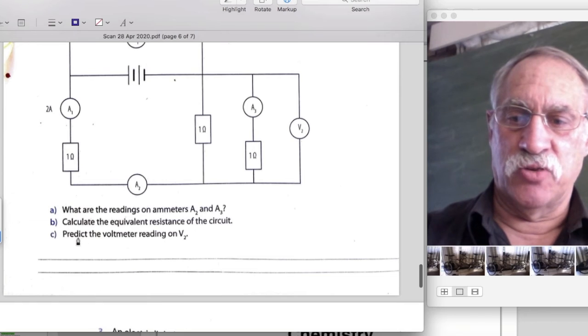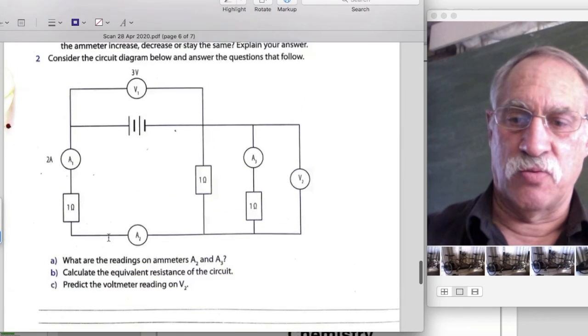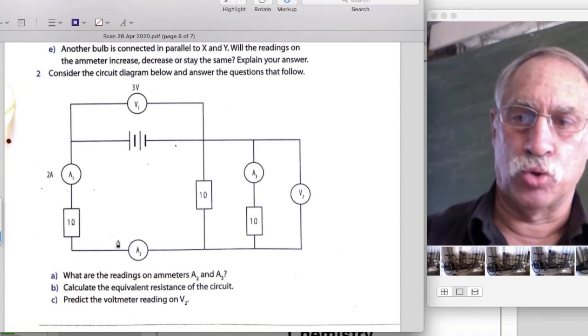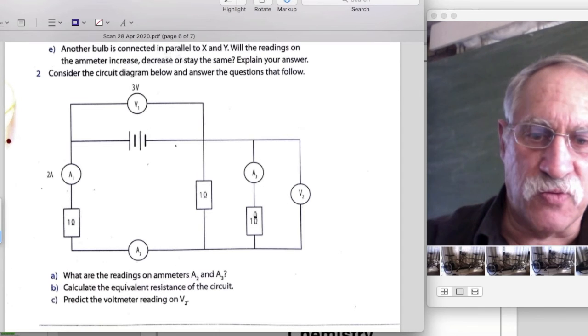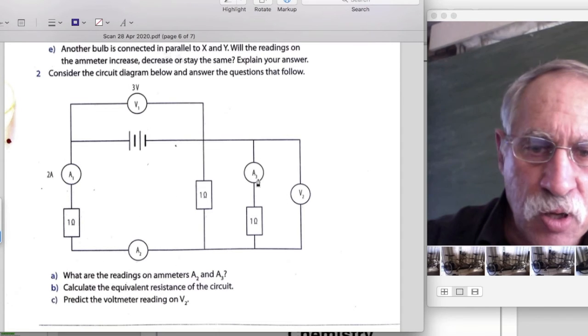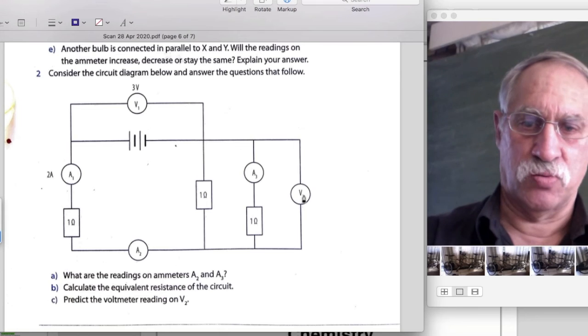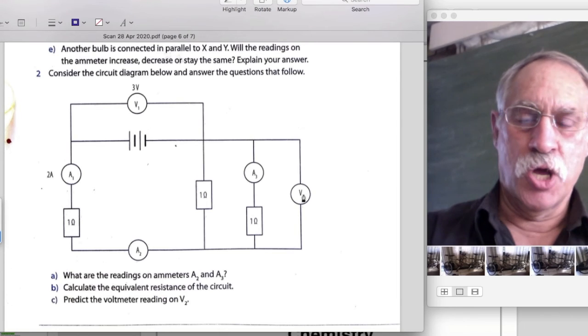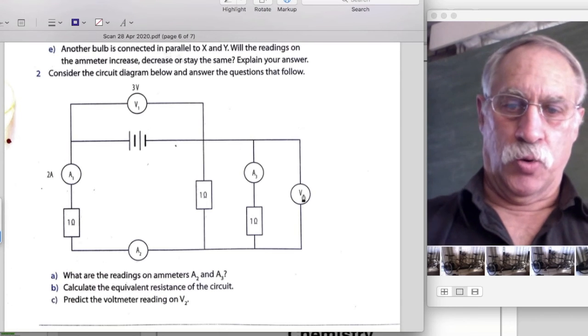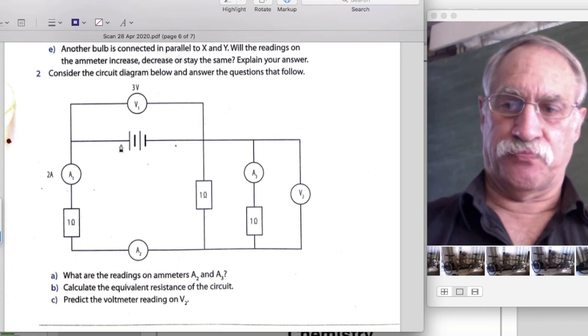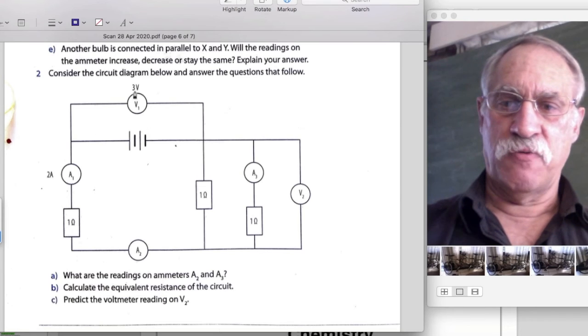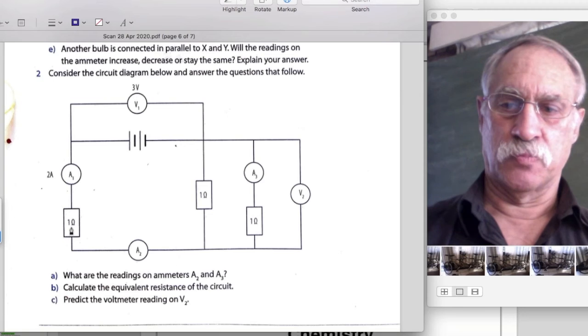Calculate the equivalent resistance, predict the voltmeter reading on V2. Okay, where is V2 here? There's V2. So, what do we have? The whole thing is 3 volts.